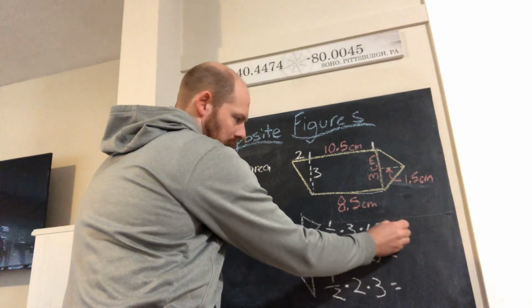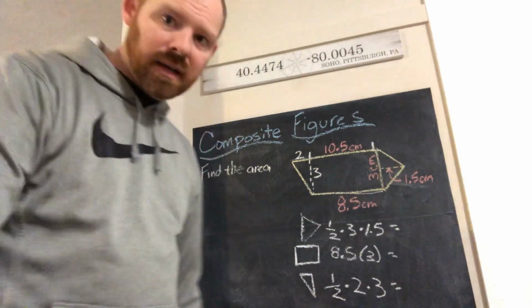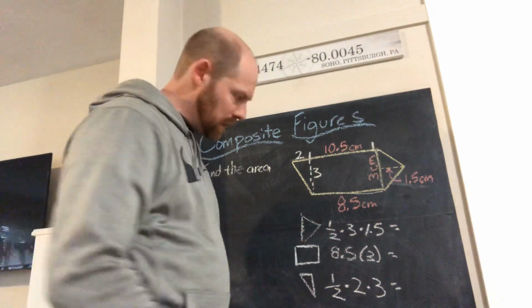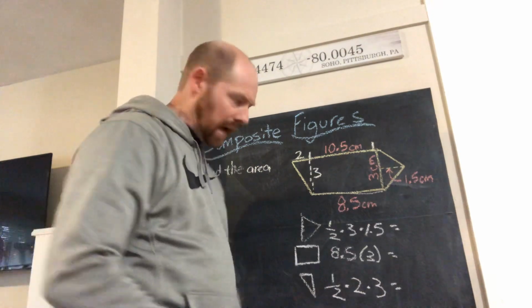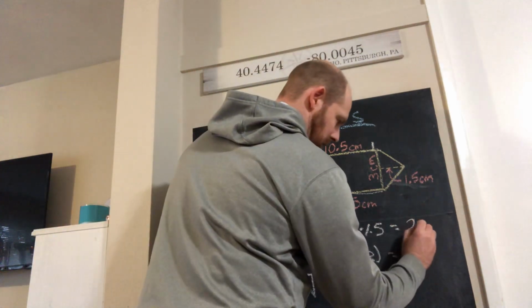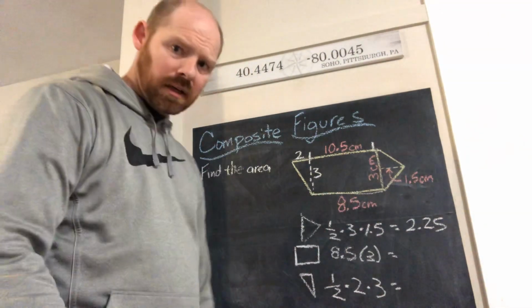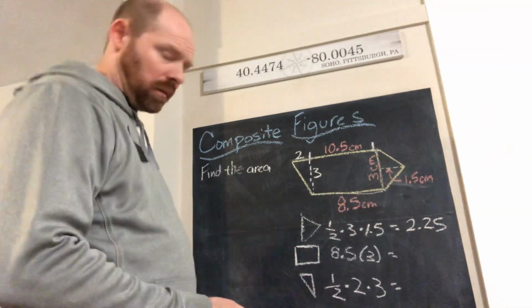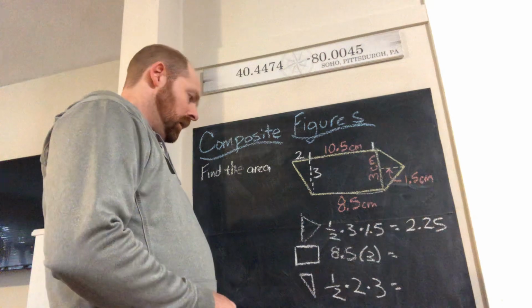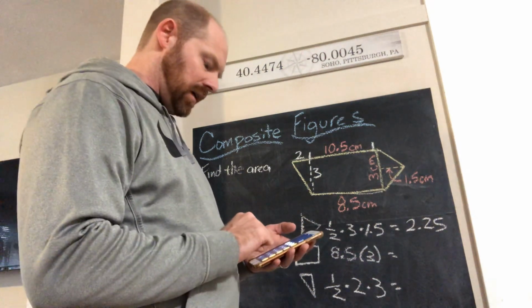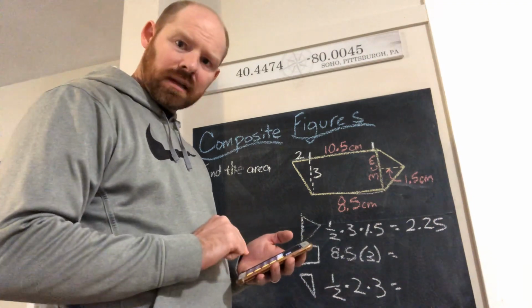So now I find the area of all of this stuff, and I add it up. 1/2 times 3, then multiply that times 1.5, you should get 2.25. And this is square centimeters we're working with when we're finding the area. 8.5 times 3, I think it's 25.5, but I'm going to use my calculator to double check.